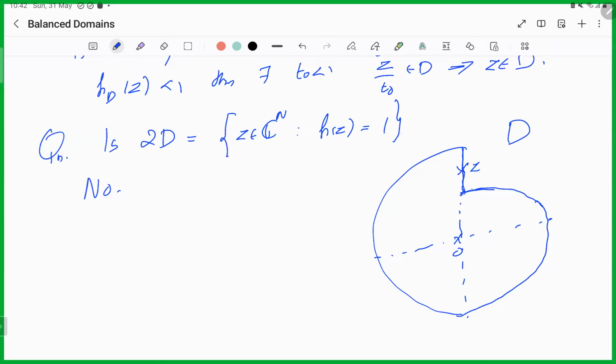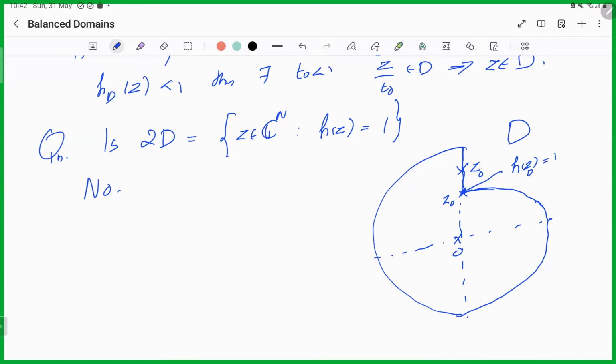Here this point is a node. If I take this, H of it is not equal to 1 because it intersects with the boundary. The definition of the Minkowski function is where it intersects the boundary, that maximum point, actually. That point has some t. This is a node, H of it is not equal to 1.